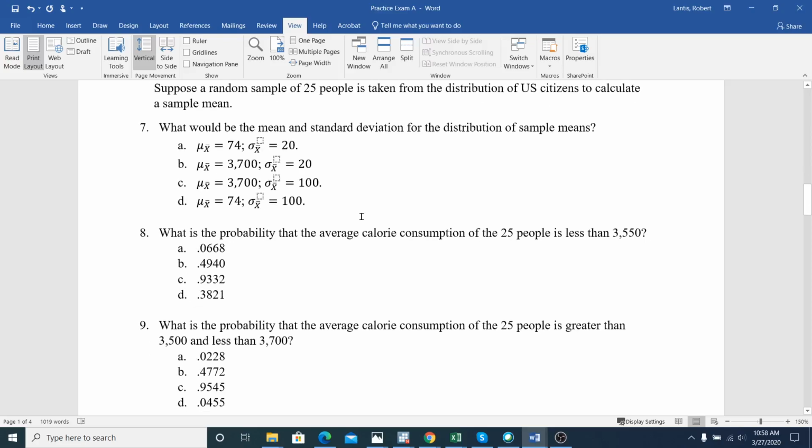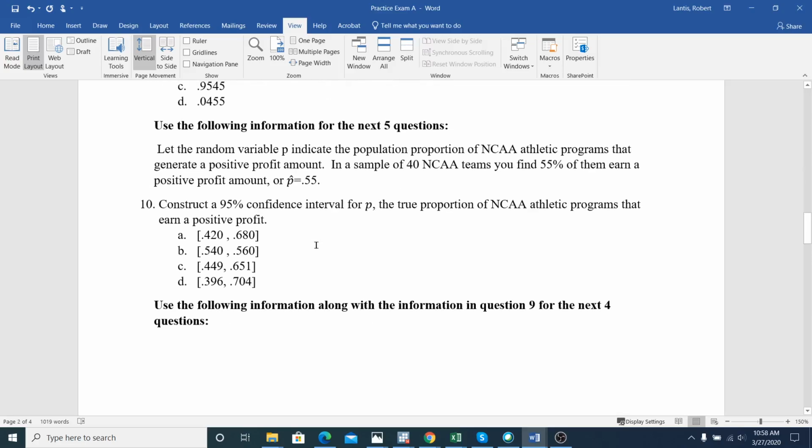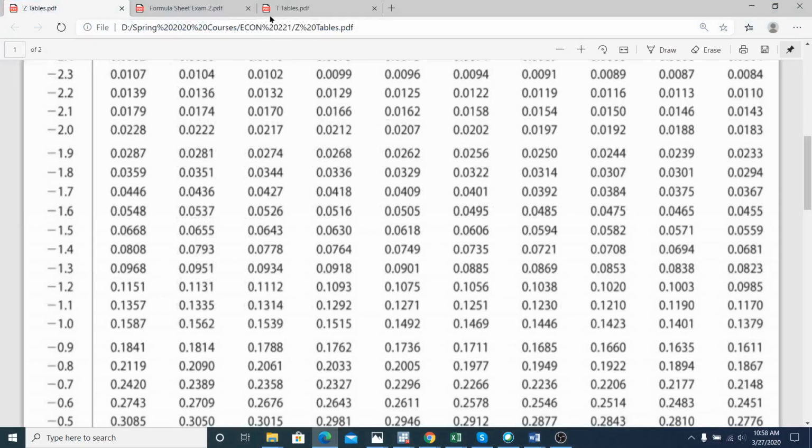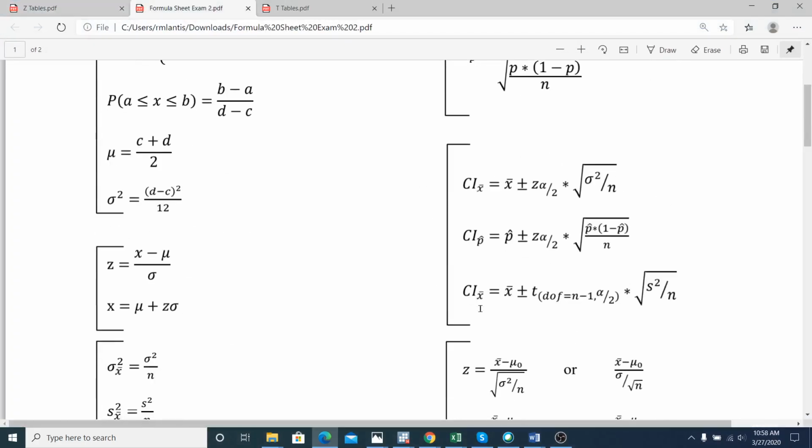So I've got that sample proportion of 0.55. I want to do a 95% confidence interval about where that true population proportion is. So first of all, you can go to our formula sheet. I've got my 3 confidence interval equations right here.